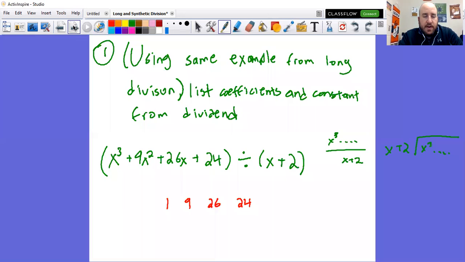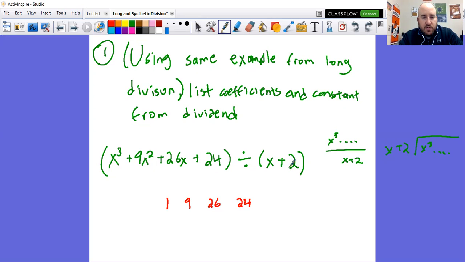All right, so go ahead and jump into step 1. We're going to use the same example from long division. I put it in parentheses. The first step actually starts here, but we're using the same example that we used for the steps for the long division notes. Go back and look at that if you need to. That example is x cubed plus 9x squared plus 26x plus 24 divided by x plus 2.